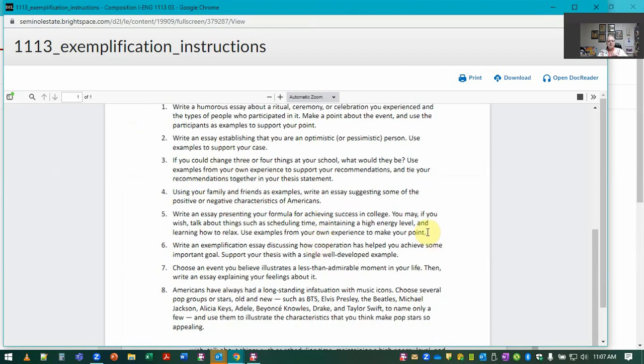Yes, right here. So number 6, this is the one that obviously is that single extended example.